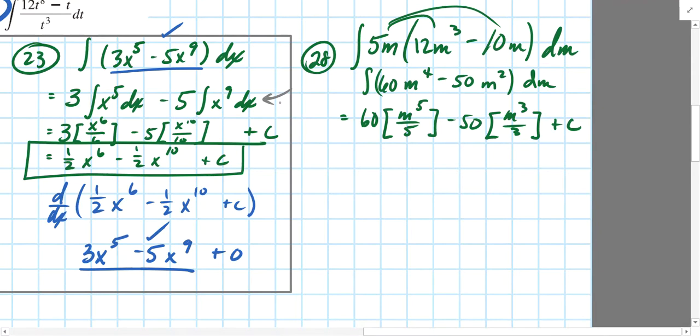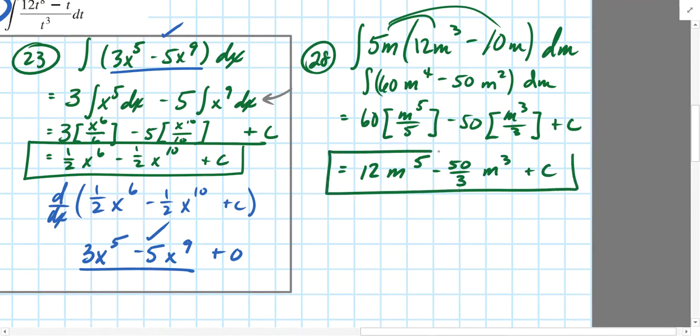And I'm okay with that, especially in these simpler problems. We should simplify, however. 60 divided by 5 is 12. So we've got 12m to the 5th power. 50 divided by 3, well, that doesn't divide nicely, so I'll leave that as a fraction. 50 thirds m to the 3rd power plus c. And I think that would be a pretty good antiderivative, or indefinite integral, of the original expression.